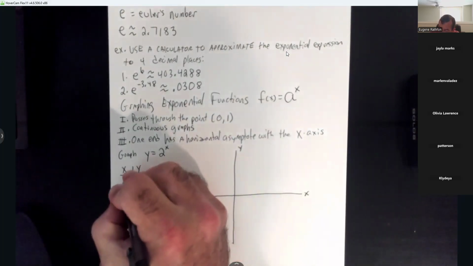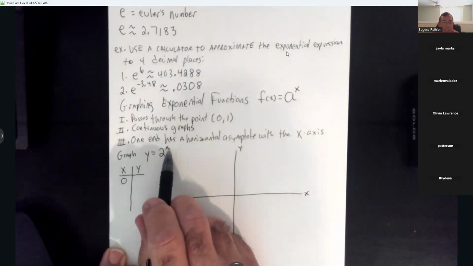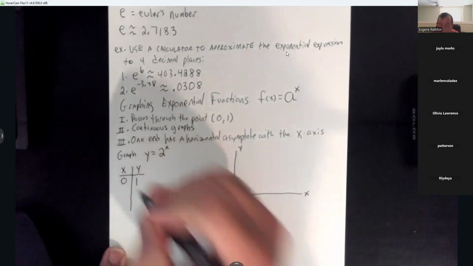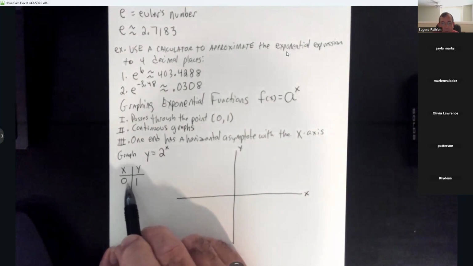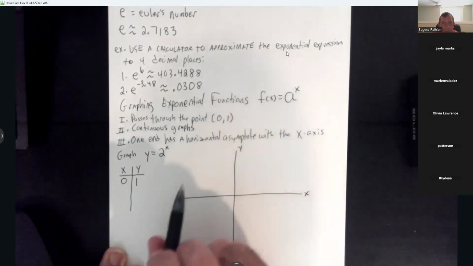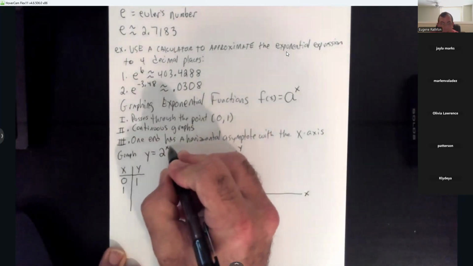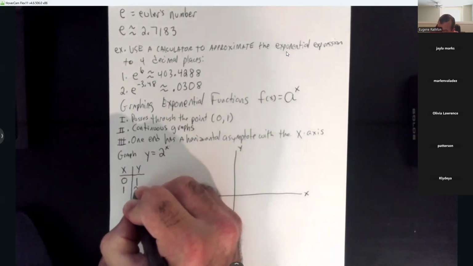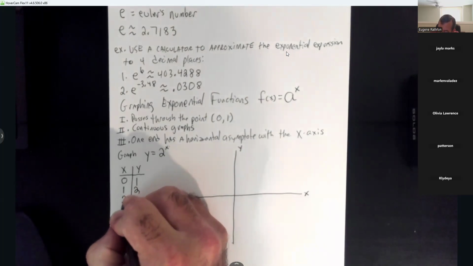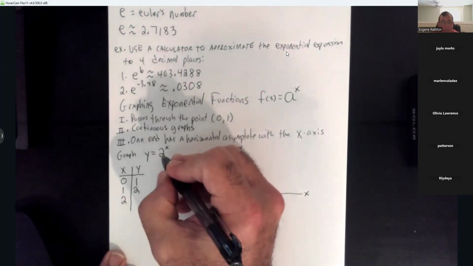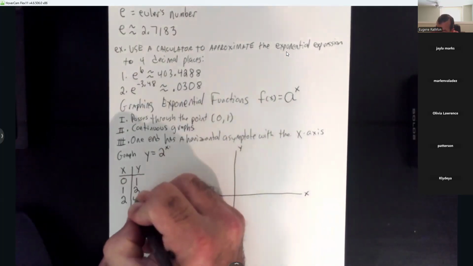Like I said a while ago, if x is 0, 2 to the 0 equals 1. Remember, we said they all cross through the point (0, 1). If x is 1, 2 to the first is 2. If x is 2, that'd be 2 squared, so that's 2 times 2, which is 4.